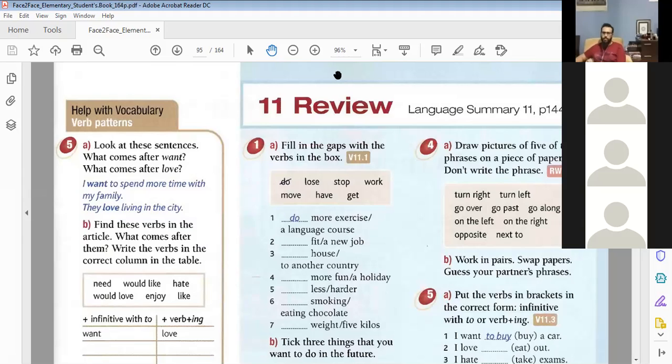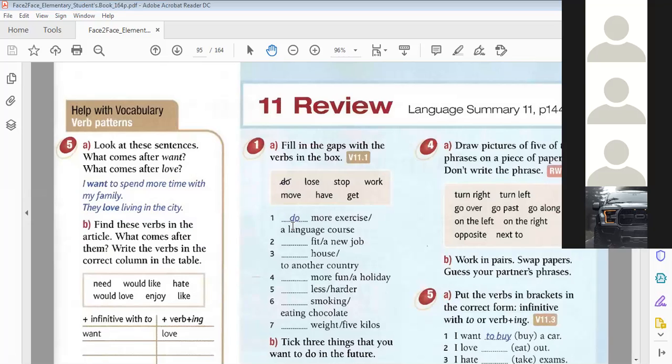What about number 2? Fit and a new job. Which verb do we use? Get. Yes. All right, what about number 3? Move. Correct. So we say move house or move to another country, right? What about number 4?